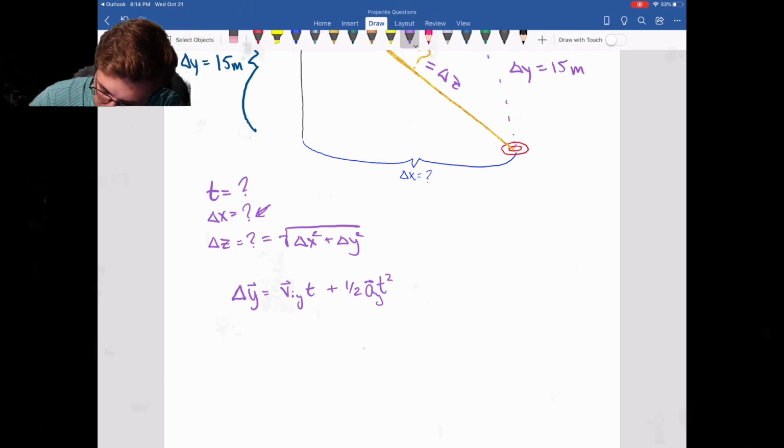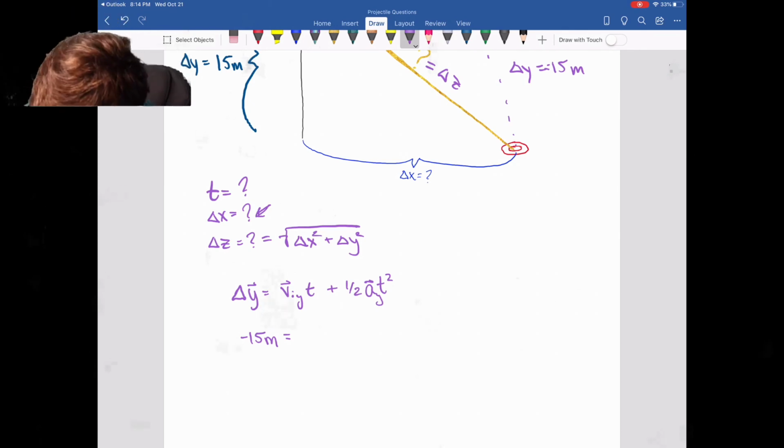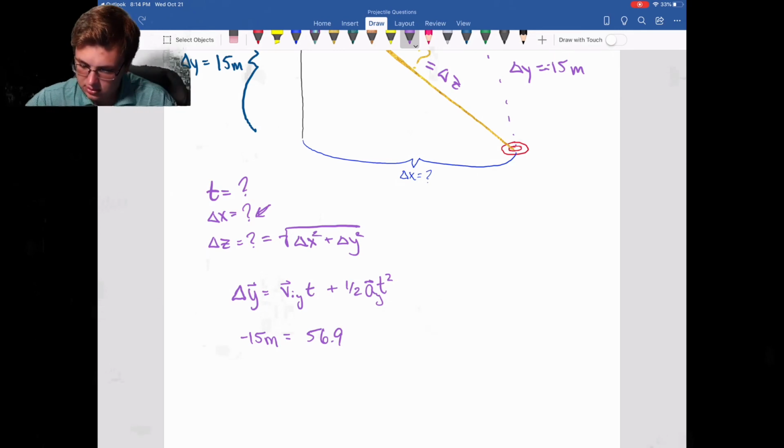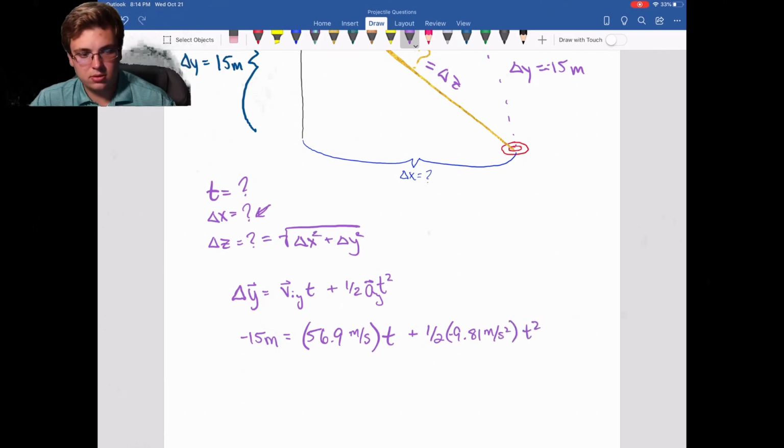So I'm going to have negative 15 meters, because it's downward, equals 56.9 meters per second t plus 1/2 9.81 meters per second squared t squared.